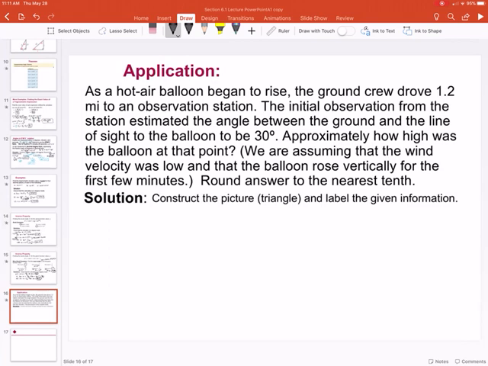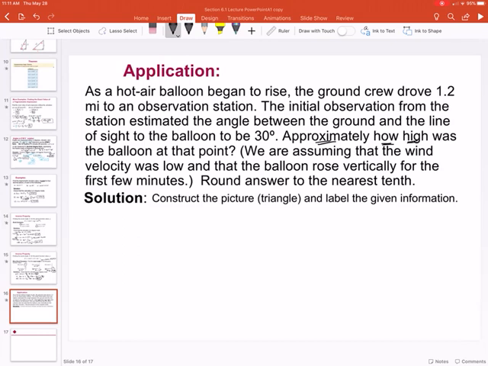Approximately how high was the balloon at that point? So there's our question. We're assuming the wind velocity was low and the balloon rose vertically for the first few minutes. Round your answer to the nearest tenth.